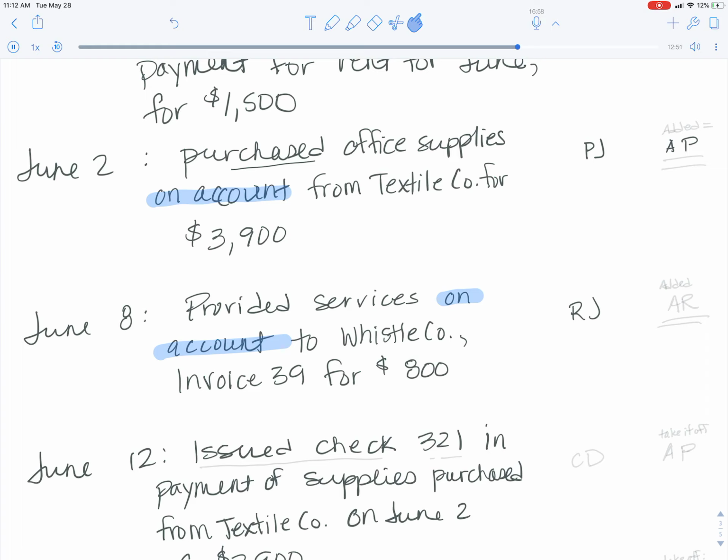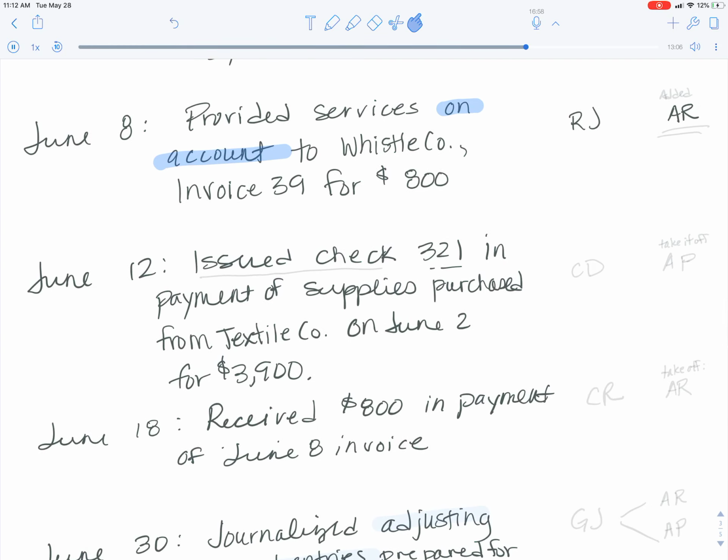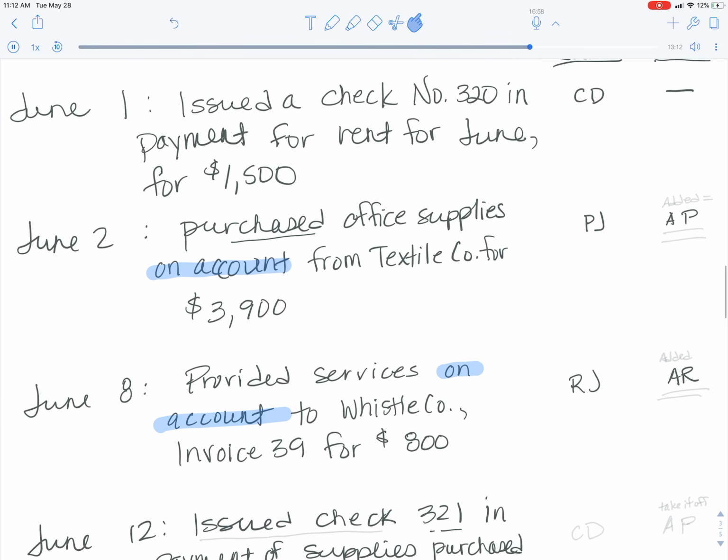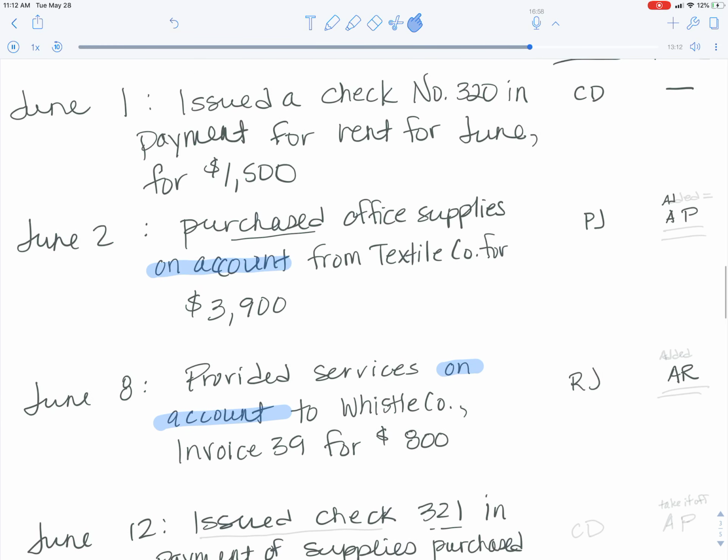Well, if we're issuing a check, we're disbursing money. So that's cash disbursements. And it was previously on a list, and we need to take it off. So we're going to take it off the accounts payable list. So it will affect our subsidiary ledger for accounts payable.